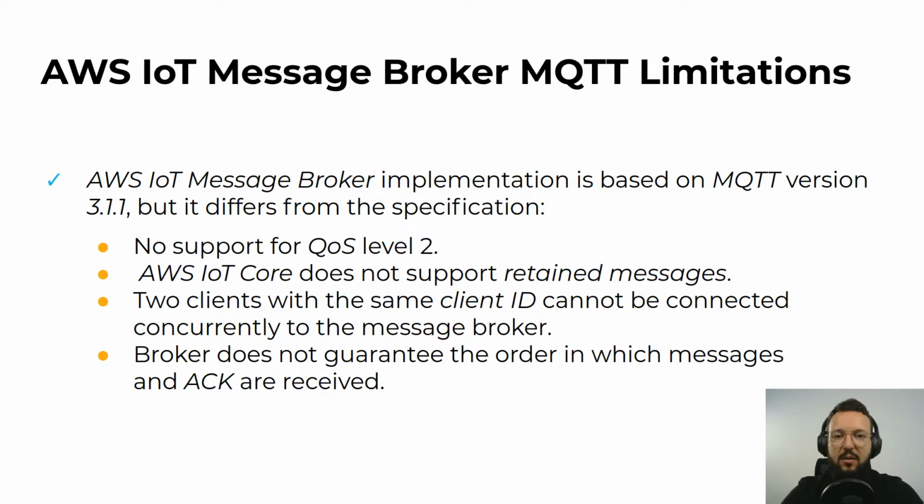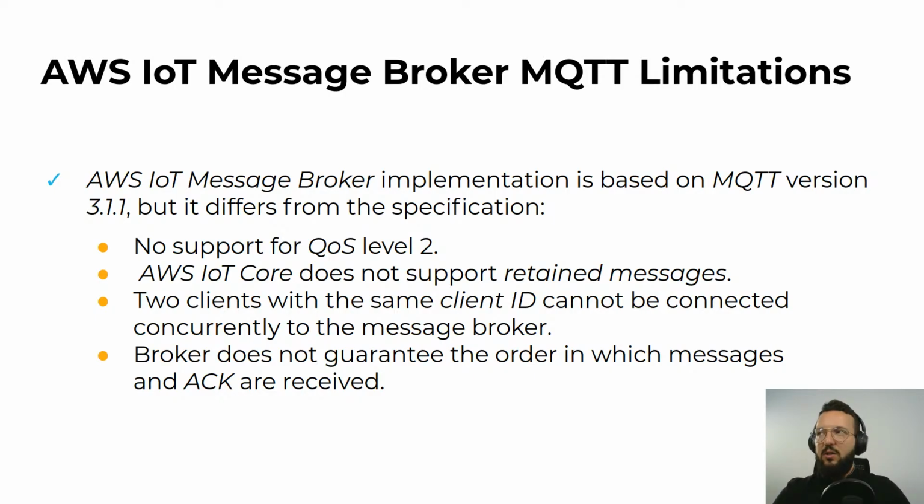MQTT as a protocol handles that, but it requires a guaranteed order of messages and acknowledgements. So the lack of support for quality of service level 2 is related to replication, multiple availability zones, and a fully managed service on the AWS side, and also to this constraint that we do not guarantee the order.